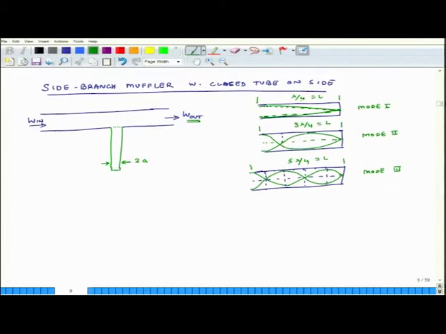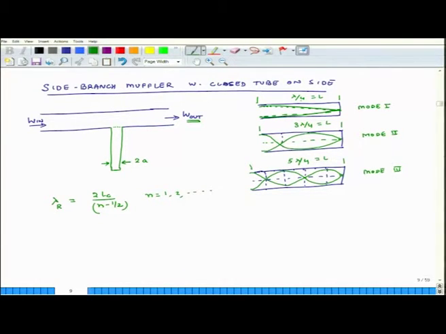So, what do we say? We say that at resonance, the wavelength of the sound could be 2 L_C divided by n minus half, where n is equal to 1, 2 and so on and so forth. Okay.